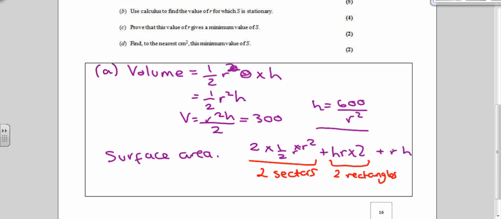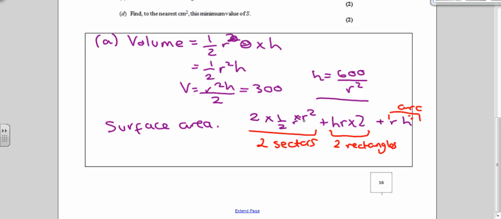And that's for the arc. So we'll put all these together. We have r squared plus 3rh. So the surface area, let's call that S, is equal to r squared plus 3rh.